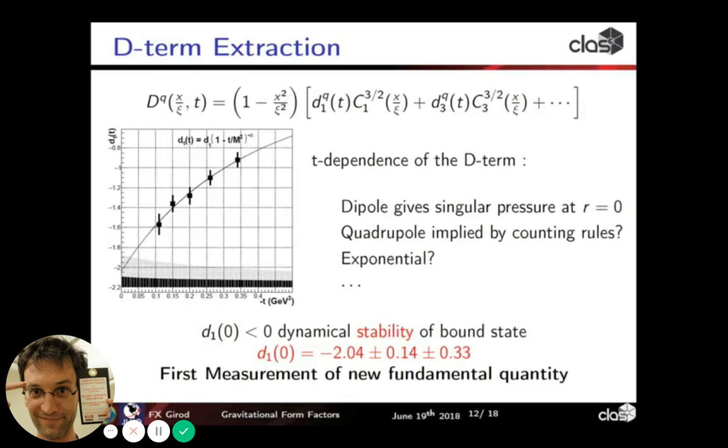So once we put all of this together, this is our result for D1 of t. If you notice in detail, I was talking earlier about this large D. This large D is actually related to D1 by a Gegenbauer expansion.